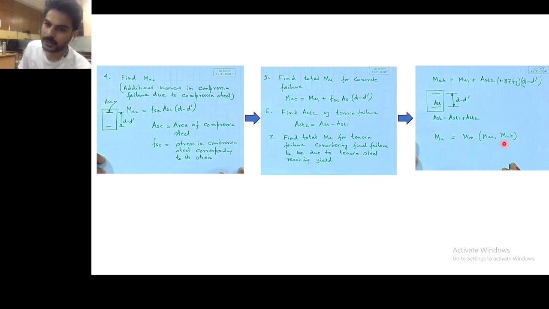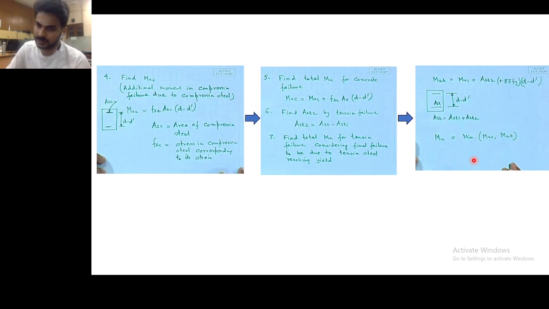And from MUC, which is due to the concrete, and MUT, which is due to the tension, we have to select the minimum of these, because it is analysis, and we will report whichever moment of resistance is lower.